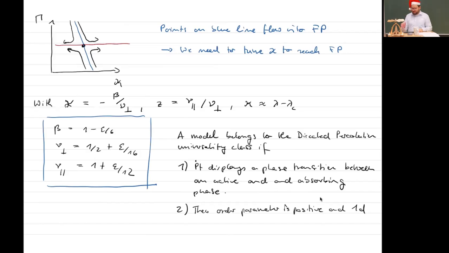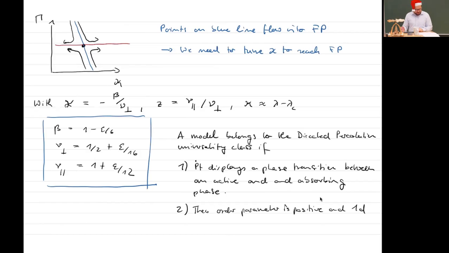Yeah? So the spatial dimension changes as you see from these exponents. The order parameter is scalar, so it's not a spatial dimension, of course.